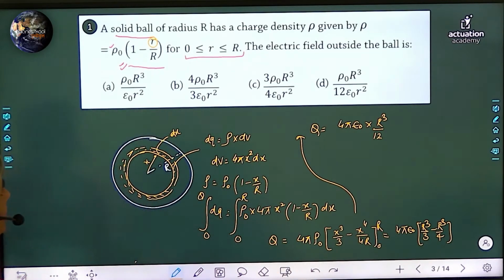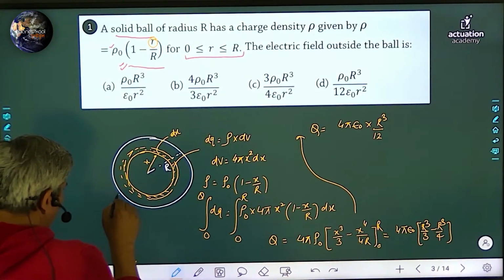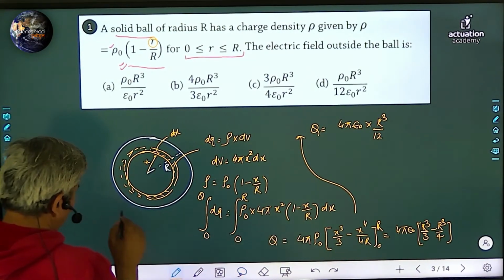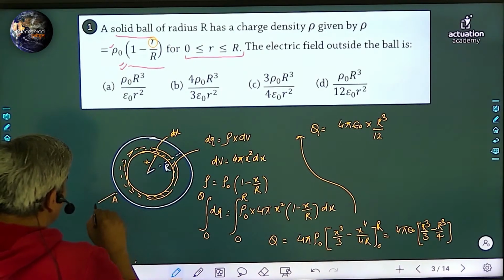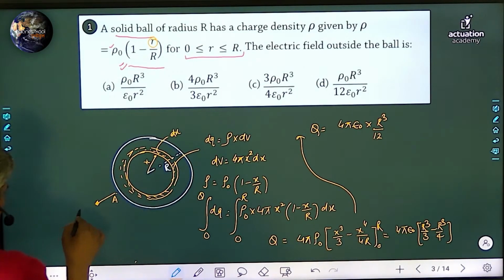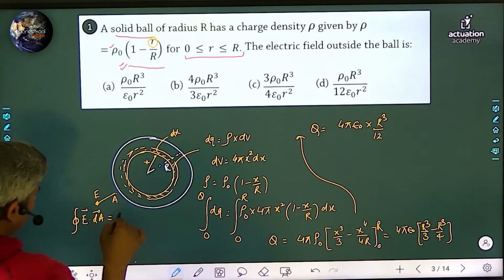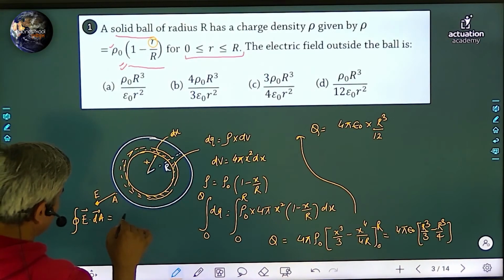Now the electric field just outside this ball. Let's say we have to calculate the electric field at this point A, which is just outside. So this electric field can be written using Gauss law: E dot dA is equal to Q in, and Q in is Q by epsilon naught.